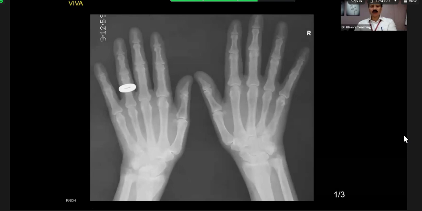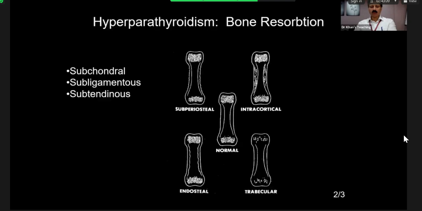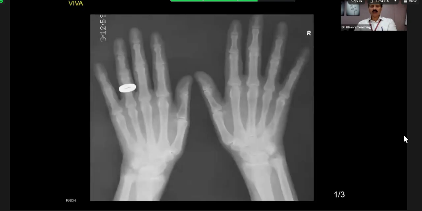We know we are doing arthritis, and I have put a film of hyperparathyroidism just to give you some point to remember for the exam. Please remember, in the real world, it is not going to happen that you are told it is arthritis.